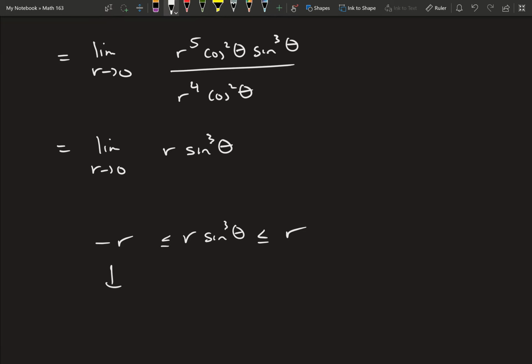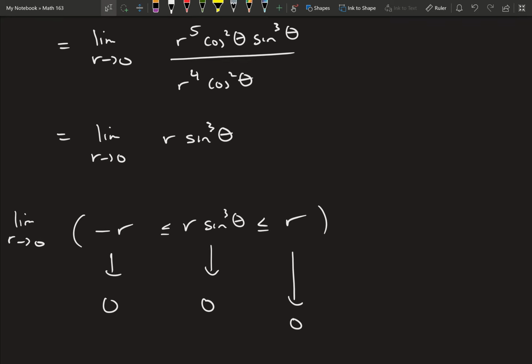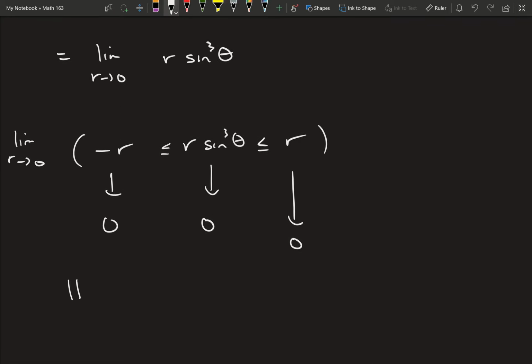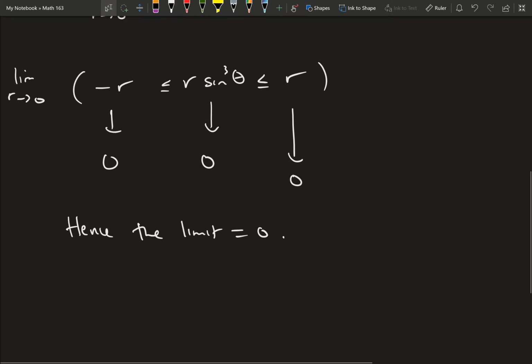However, as r goes to 0, if we take the limit as r goes to 0 on all sides, then this side goes to 0, and the other side goes to 0, hence what's in the middle must also go to 0, and hence the limit equals 0 for our problem. Okay, so this is another example of polar coordinate limits in several variables.